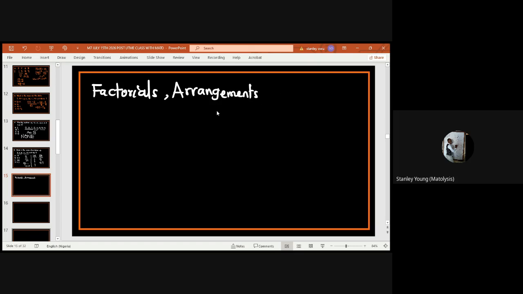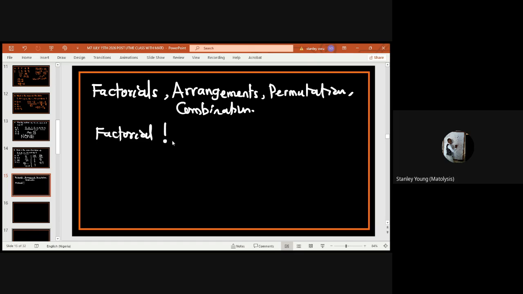And we then have permutation, and we have combination. So, factorial. The symbol is like an exclamation mark. 0 factorial by default is 1.